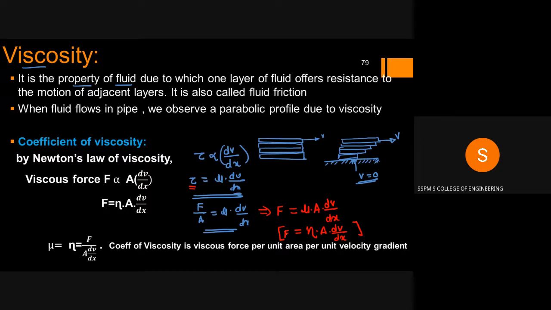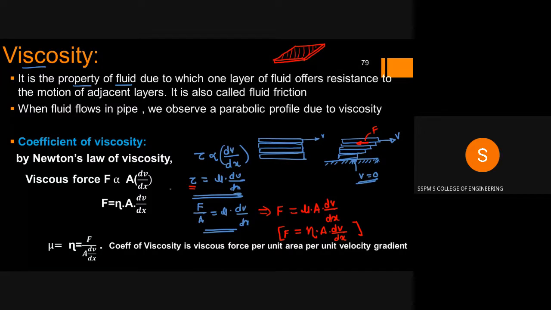Now this force acts tangent to each layer. This is the direction of that force. If you draw this layer in three dimensions, this is a single layer, and this is the area of that layer.